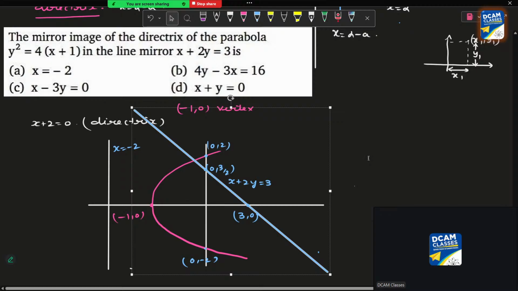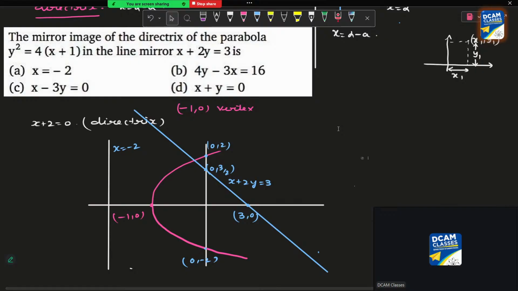Isn't it difficult to find the mirror image? Or you have some idea?